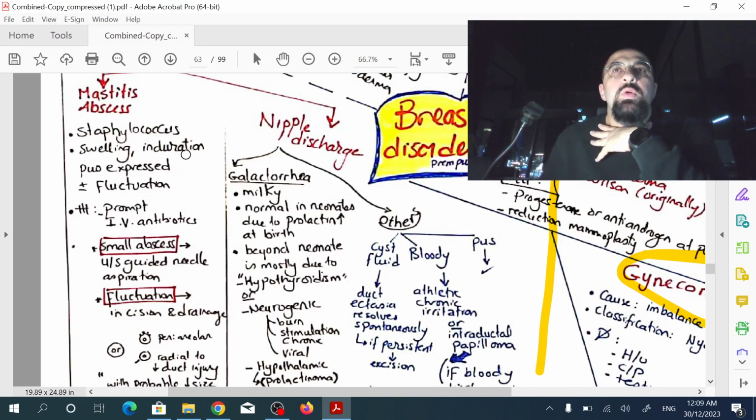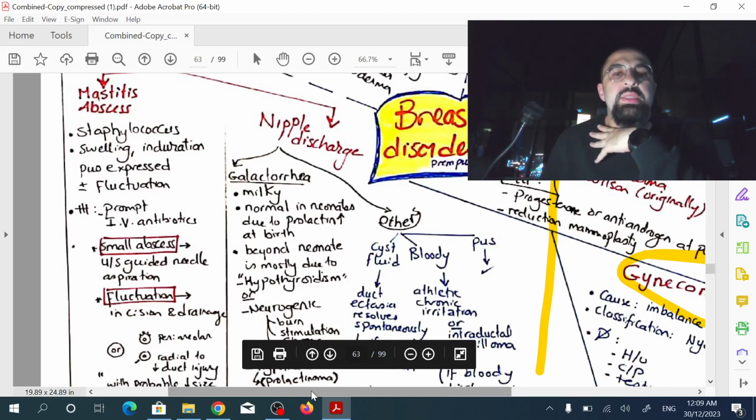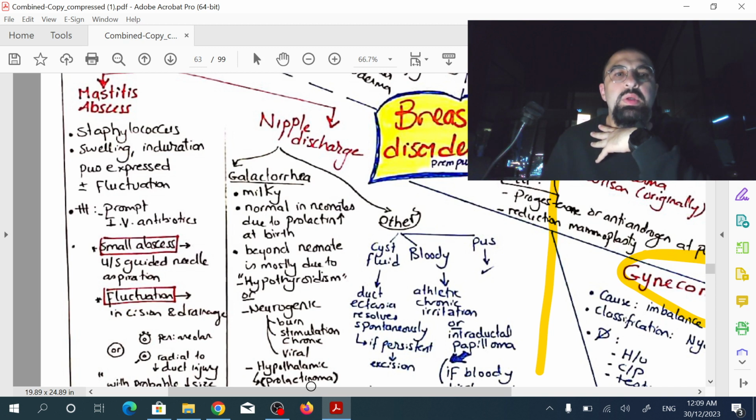This is totally normal, but they think it's pus. It is due to hyperprolactinemia that is transferred from the mother to her baby. The increased prolactin levels lead to temporary gynecomastia and increased secretions of the ducts and acini.